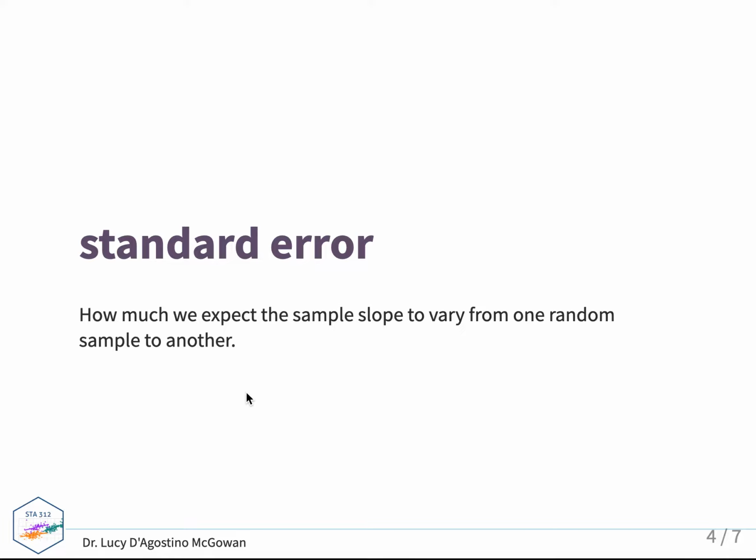Okay, the next piece is the standard error. The standard error tells us how much we expect the sample slope, or in the case of multiple regression, the beta coefficients, to vary from one random sample to another.